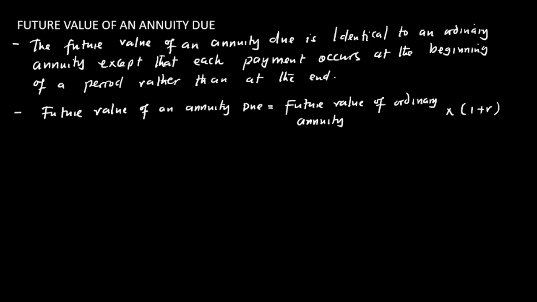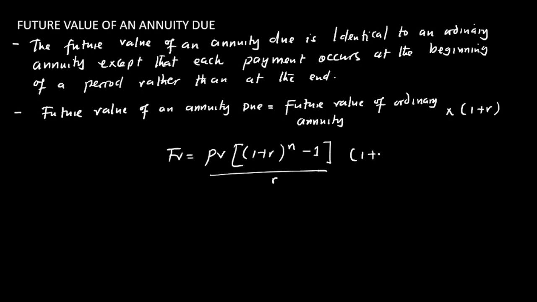So the future value is equal to, remember the formula for the future value of ordinary annuity, the present value, where we said 1 plus R to the power n minus 1, over R. Then now we multiply by 1 plus R, like that.